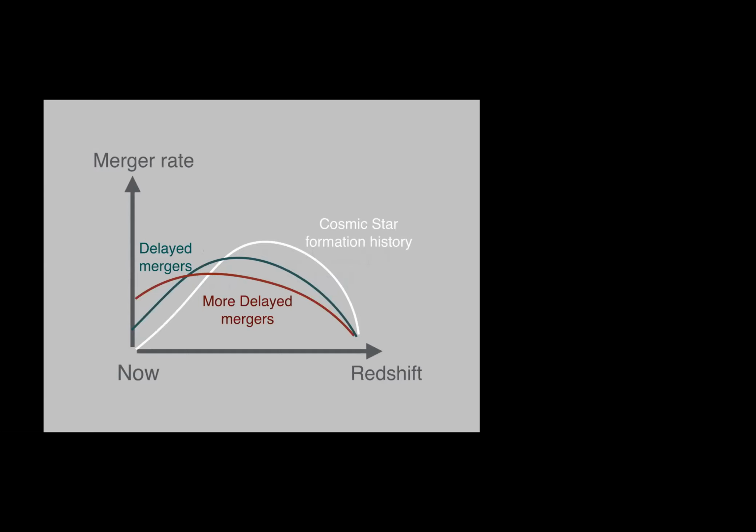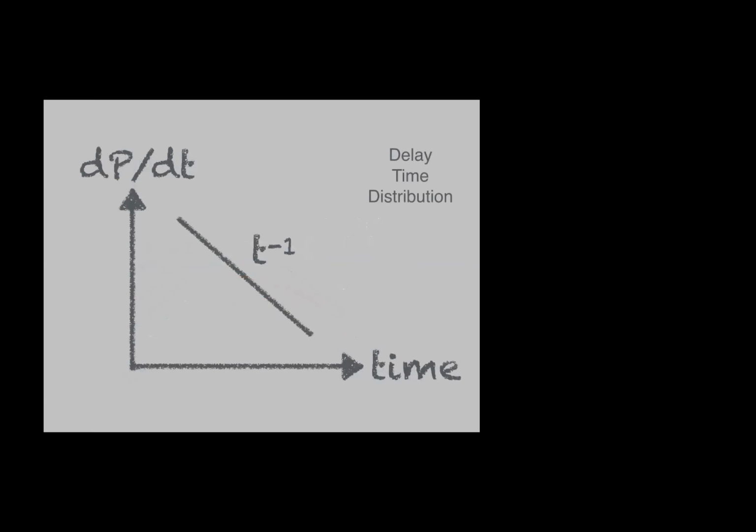Depending on your delay time, you will get a different distribution of the redshift. So the question is, do we know what it is? Can we map this? The way you parameterize this is that you say the whole population of neutron star binaries is born with a probability distribution in merging timescale.